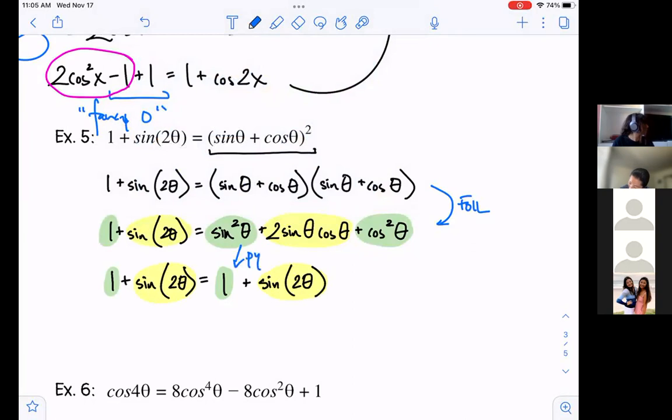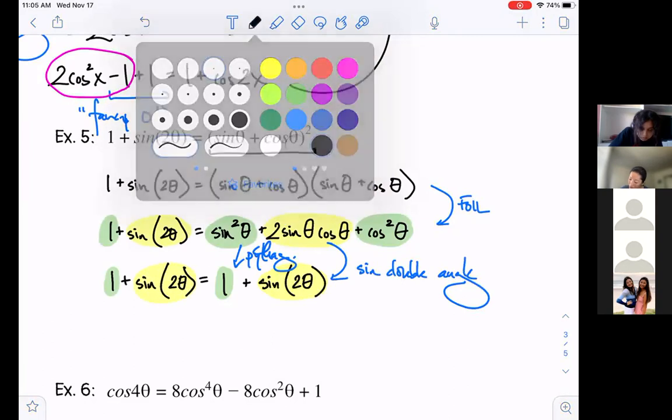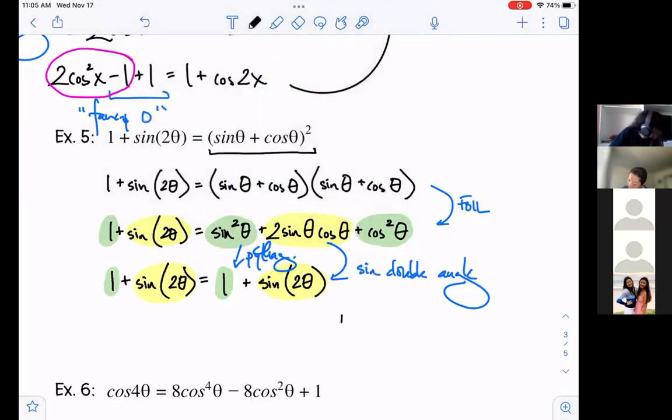We have our Pythagorean identity, and this one is our sine double angle. And now we've got the left-hand side equals the right-hand side. Victory box, we are done.